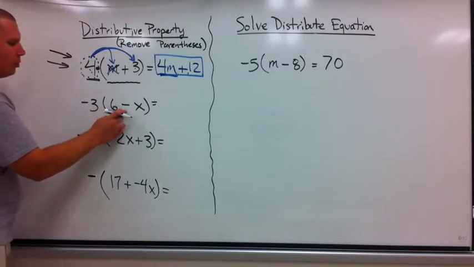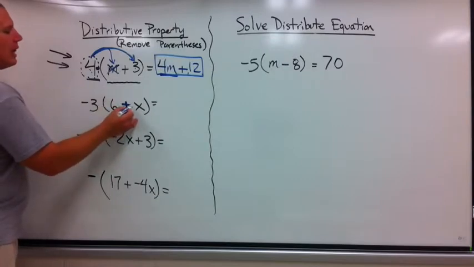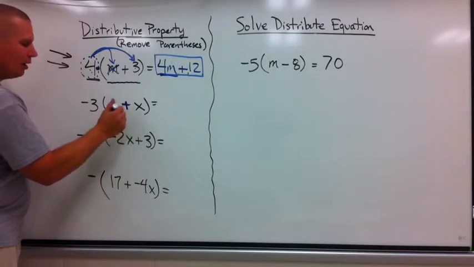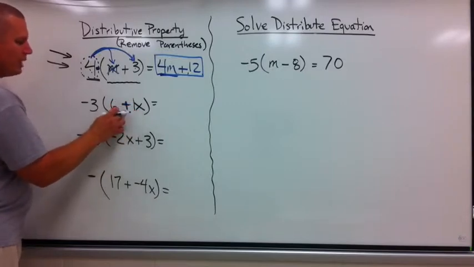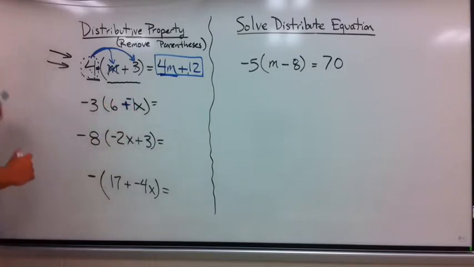I have subtraction. What do I always do with subtraction? Turn to addition. This becomes plus. This becomes opposite. What is the coefficient that goes here, by the way? What number goes in front of the x? That's right, a 1. So this could have been written as 1x. Turn to addition, plus the opposite of 1x. Let's do some distributing.